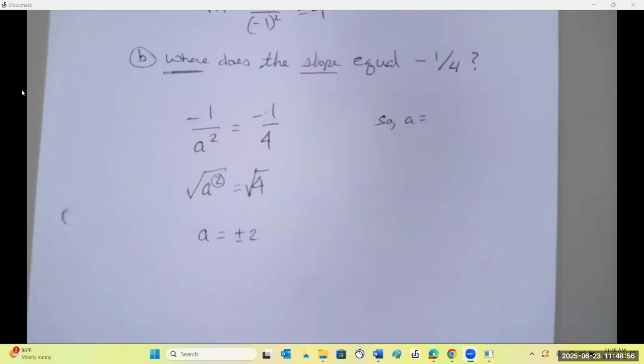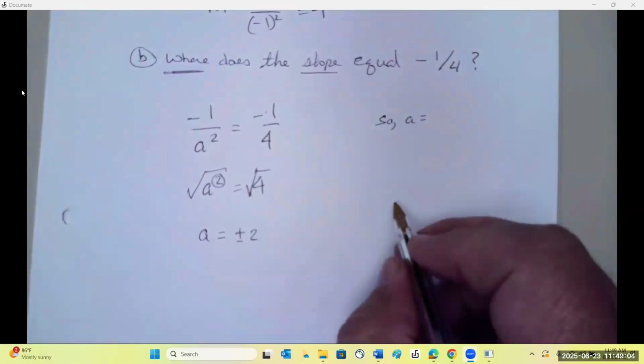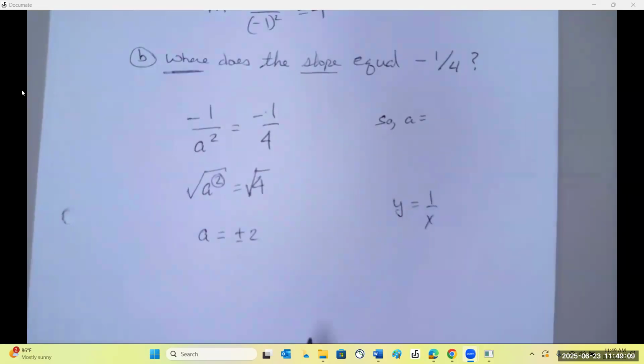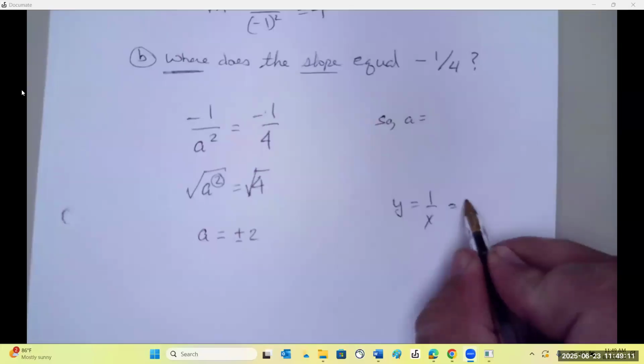X coordinate would be 2, and the y coordinate would be 1/2. Yep. The other one. Because remember, our formula said the curve at y equals 1/x, or 1/a.